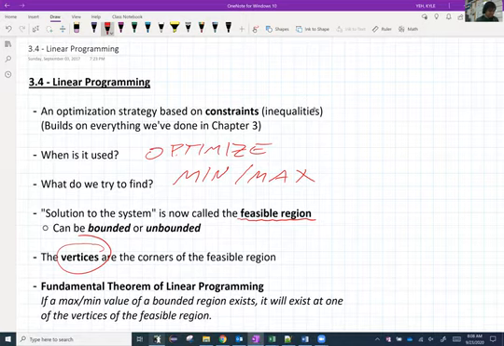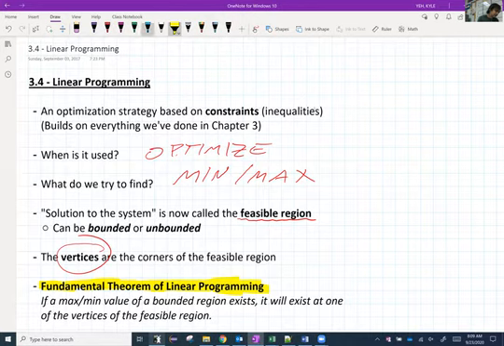And so that brings us to probably the most important thing on this page. Anytime you see something with fundamental theorem in the title, it's probably really important. The fundamental theorem of linear programming says that if a min or a maximum value exists of a bounded region, then it has to exist at one of the vertices of the feasible region.